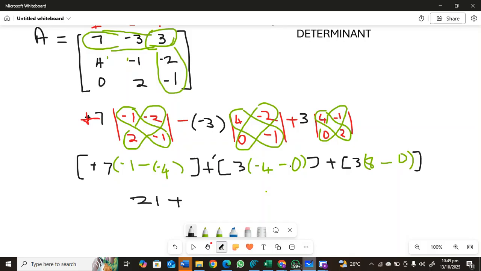Negative 4 times 3, that is negative 12. Plus 8 minus 0, that is 8. 8 times 3, that is 24.